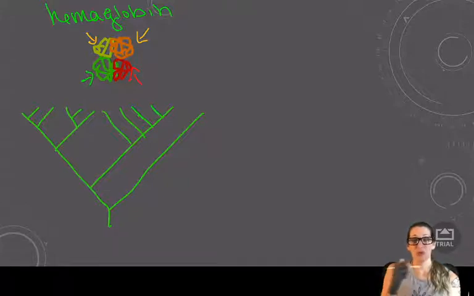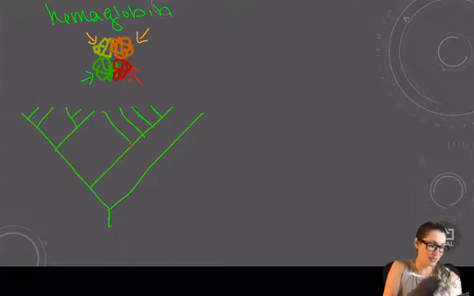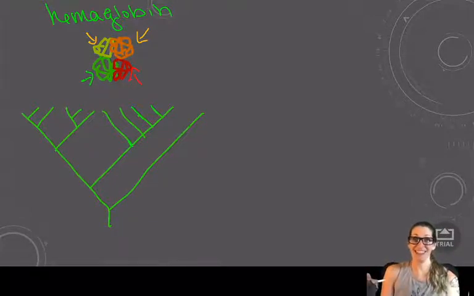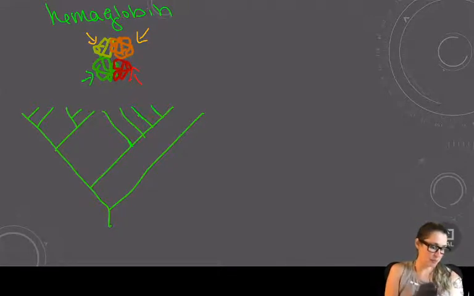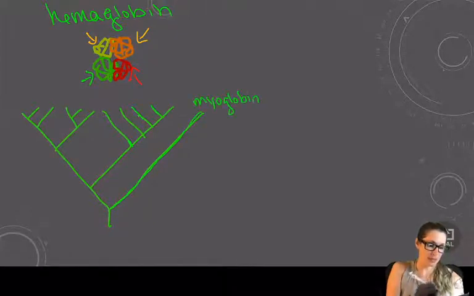In this tree, each of the branches is a duplication event. A duplication of the original globin gene. So this is a tree of the globin gene family. Here, this branch is myoglobin. Myoglobin is active, you may not remember, in your muscles.